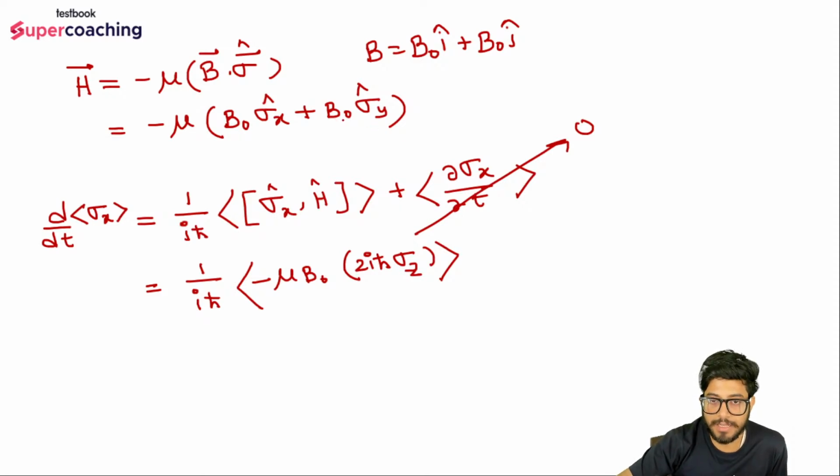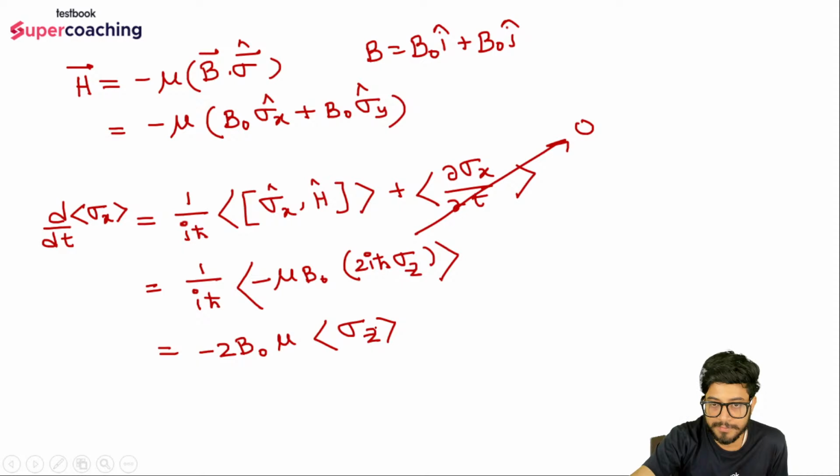Then here I'm getting the B0 and mu and other negative signs. Now you see iħ will be cancelled out, and I can take minus 2 B0 mu, since iħ cancels out, into the expectation value of sigma z.